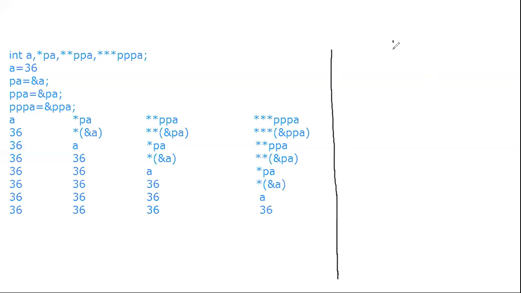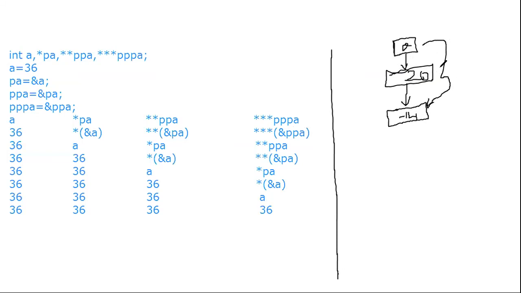The first slot is for the variable name. Next one is -14. This one is an address, a variable address.